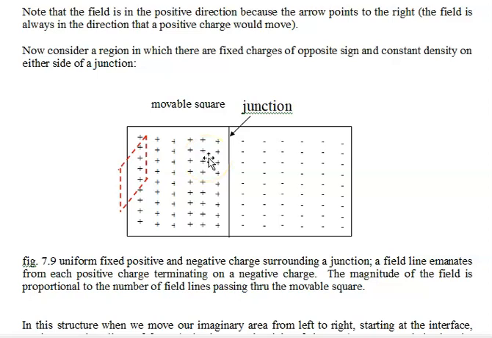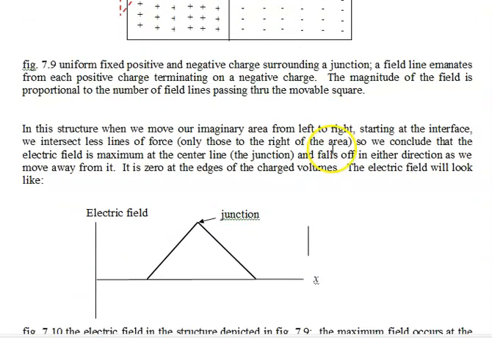And as we move it right to the junction, we have the maximum number of lines cut, and that number of lines cut increases linearly until we get to the right side of the junction. We get to the right side of the junction, the lines start to terminate. This guy will terminate here, this guy terminates here, this guy terminates here, etc. So on the right side of the junction, the electric field goes down.